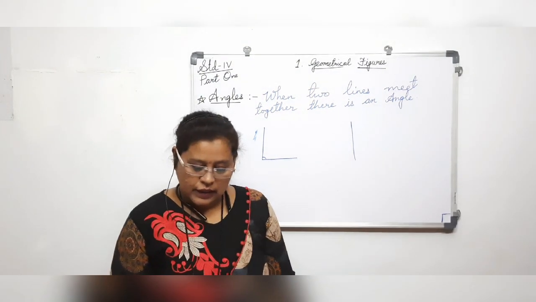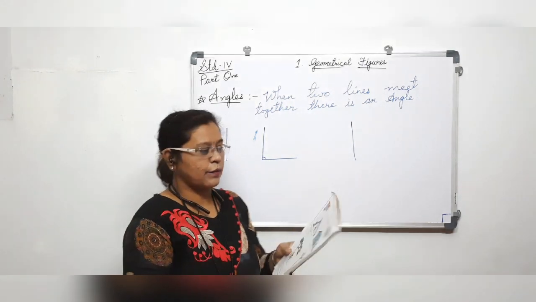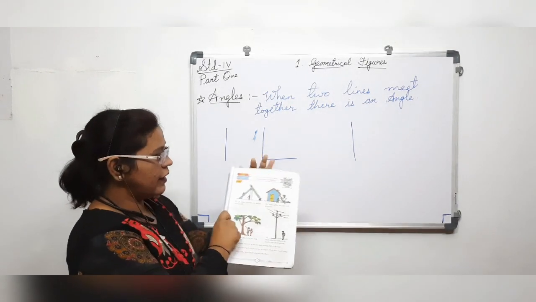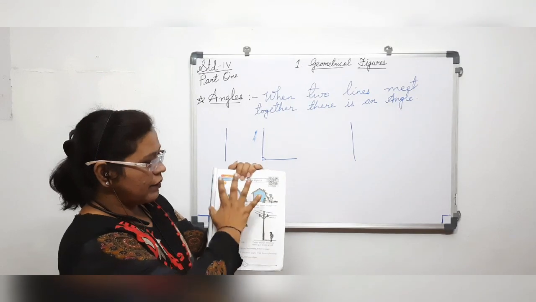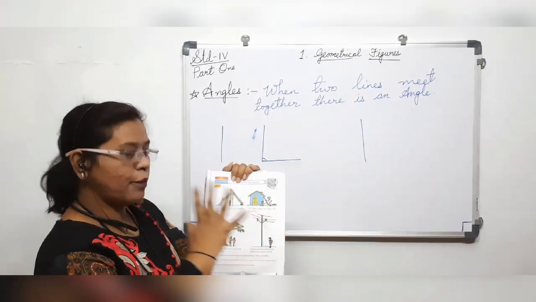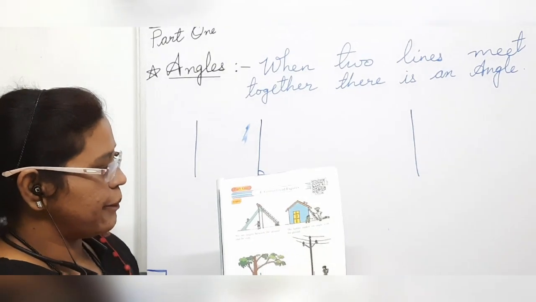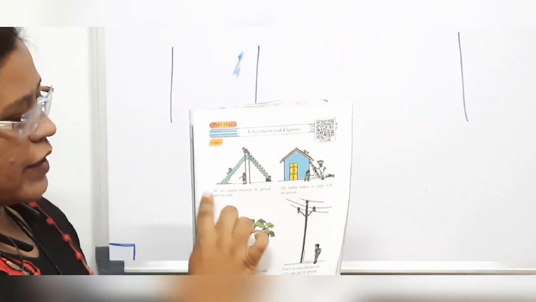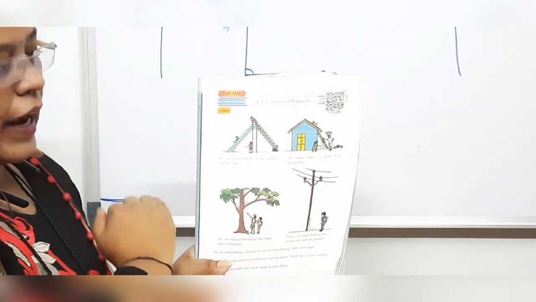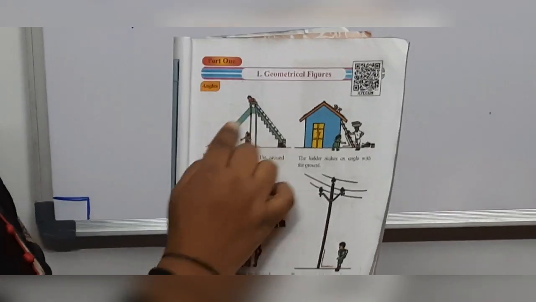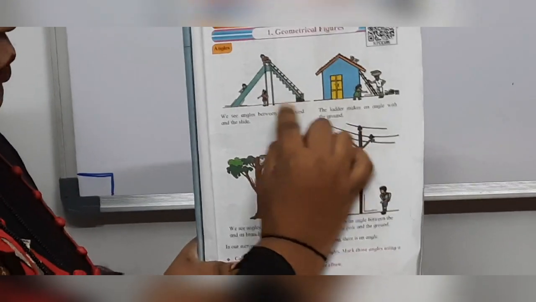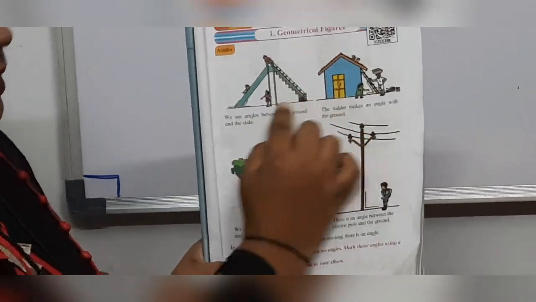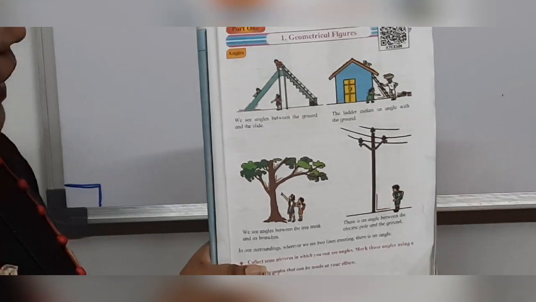So in your textbook, see angles. The pictures are given on page number 1, four pictures are given. First picture is of a ladder, and the ladder and the ground meet together. This is the ground, and here there is a ladder. The students are playing, and many angles are there.